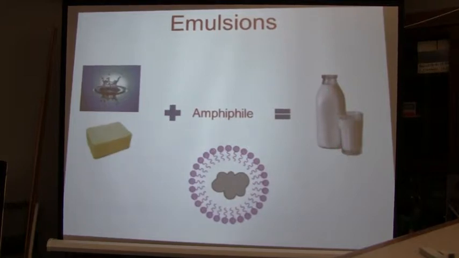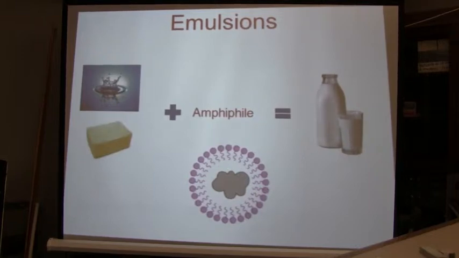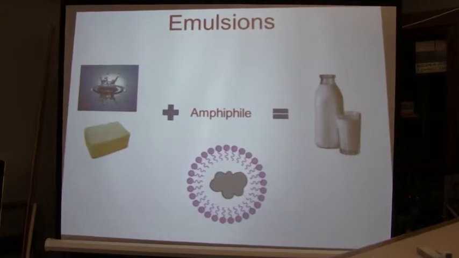And the way that happens is that there's molecules in the milk that are going to have a polar head group and some sort of nonpolar tail, and they store all of the butter fat in these kind of little micelle vesicles. This would be called the micelle, and they're going to store the butter fat in these kinds of structures.